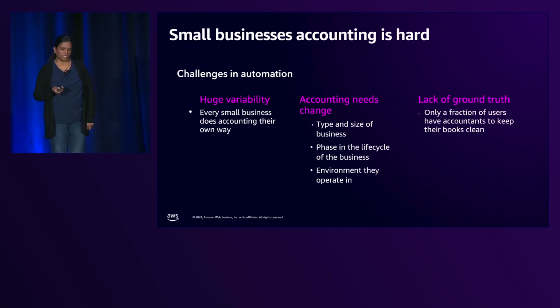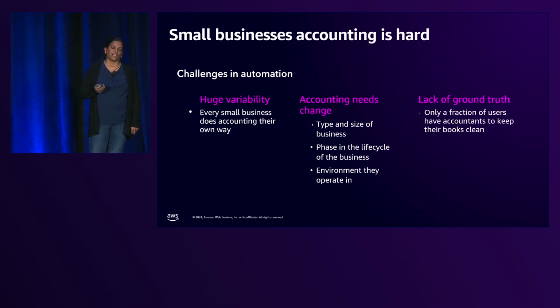So one could argue that we can use their previously categorized transactions as ground truth to train these models to make predictions for future transactions. Now the challenge here is that only a small fraction of small business users actually hire professional accountants to keep their books organized. So the quality of the label data is a challenge.